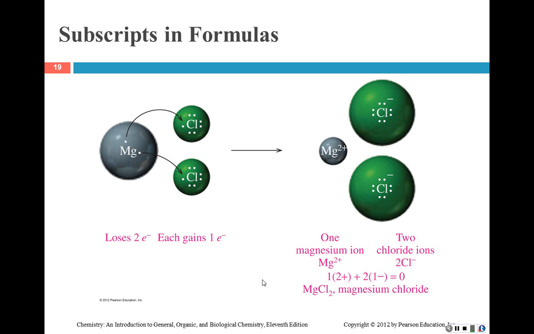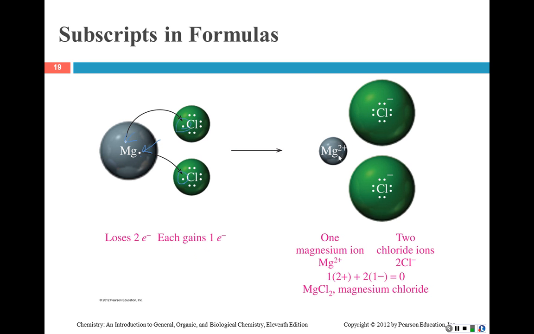When we write the formulas, we're going to look at magnesium, which had 2 valence electrons, and chlorine, which had 1 valence electron. Since we've got 2 for magnesium, we're going to need 2 chlorines to combine together.